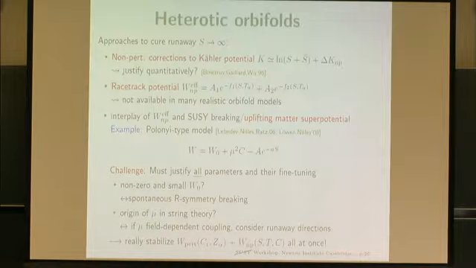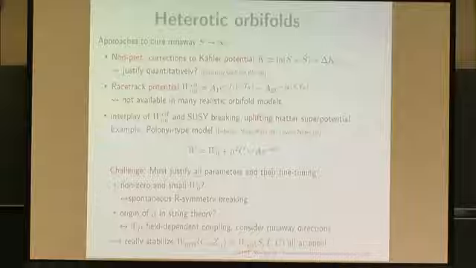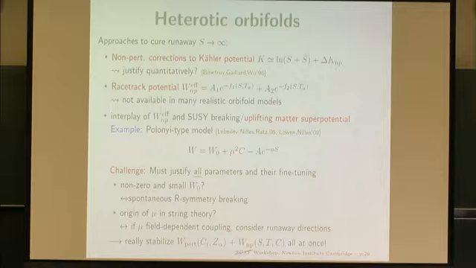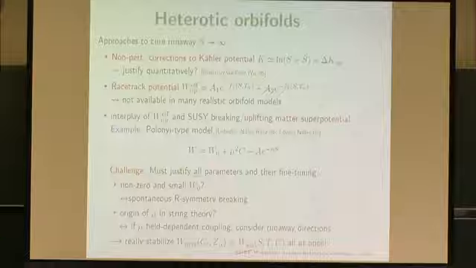Also similar in logic to what we heard yesterday for the uplifting. For example, in this paper, people looked at a Polonyi type model. So they simply assumed that there is a superpotential of that type. Of course, the challenge is you must really argue that all those terms exist, that they exist at the scale, and that there are no runaway directions.